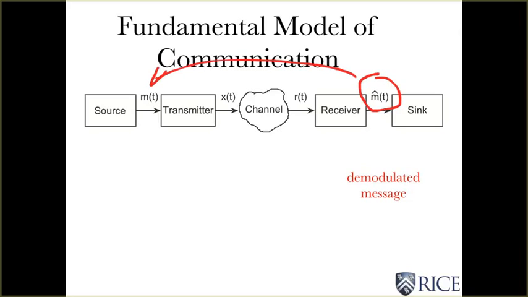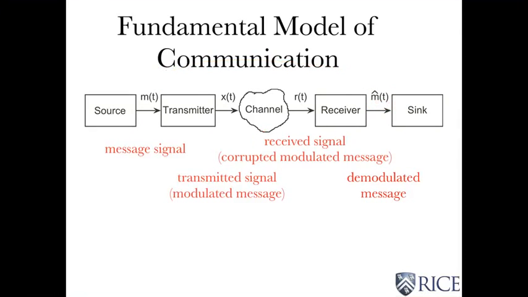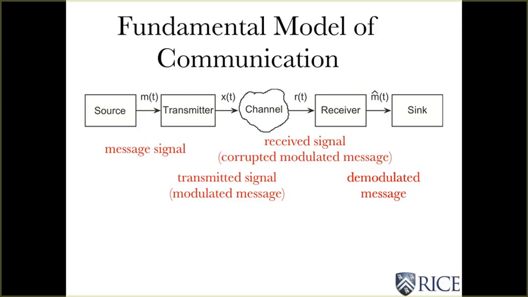And one of the things you want to do when you design communication systems is to try to fight the channel so that you can minimize that error. And it's this message M hat that goes into the sink, goes to the destination. That's what you get. It's known as the demodulated message. So here are all the labeled pieces of our fundamental model. We're going to talk about this again and again.